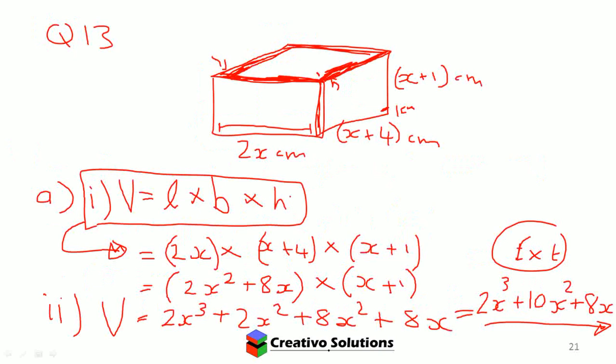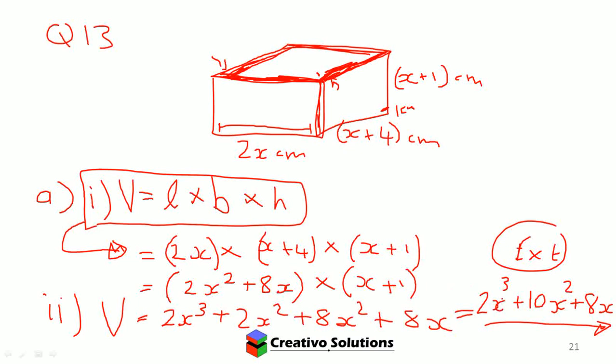So let's go back and look at our equation. This was length times breadth times height. We took the 2x, we multiplied it out, so we had 2x squared and 8x, and then we multiplied that out, which gave us 2x cubed plus 2x squared plus 10x squared plus 8.